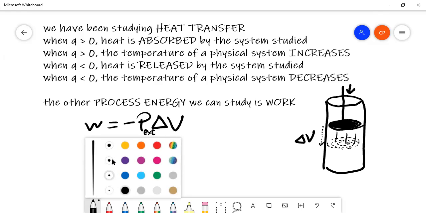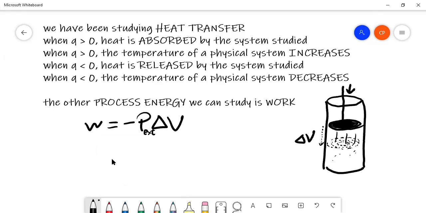When I compress it, these gas molecules get more excited. They're bouncing more vigorously and smashing into the sides of the container a little bit more, right? So by doing work on the system, I've actually increased the energy of what's inside that container, right?